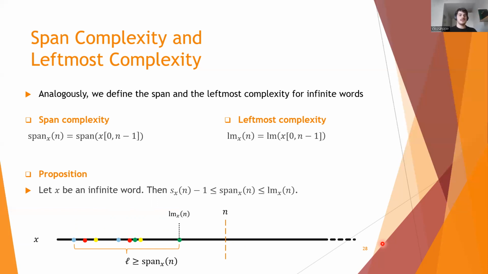And as we have seen before, how many string attractor positions can be in a string attractor with a certain span? At most span plus 1, so when the string attractor is completely dense. So every position between the first and the last is actually a string attractor position.